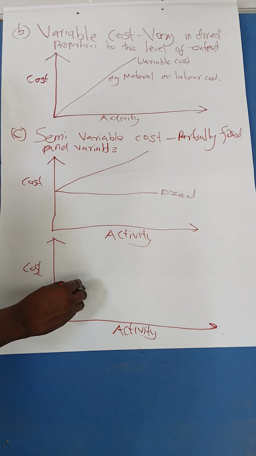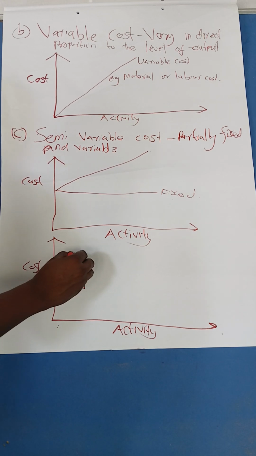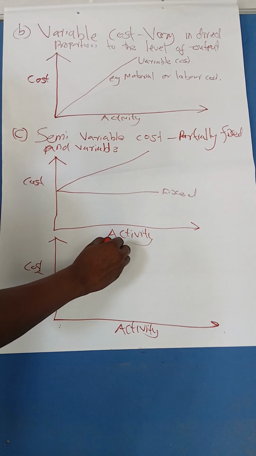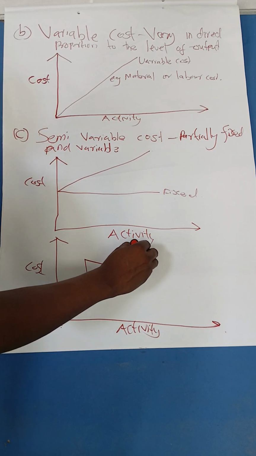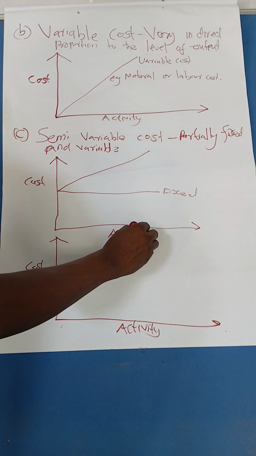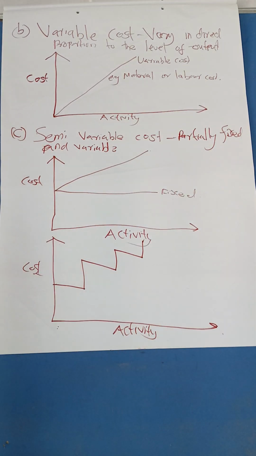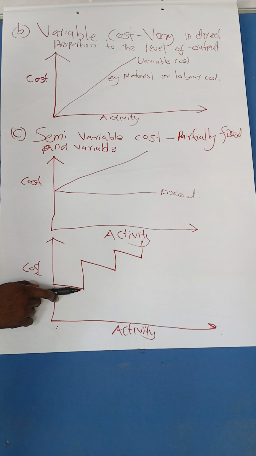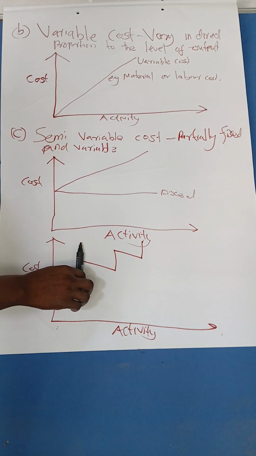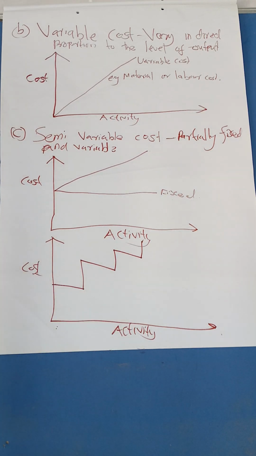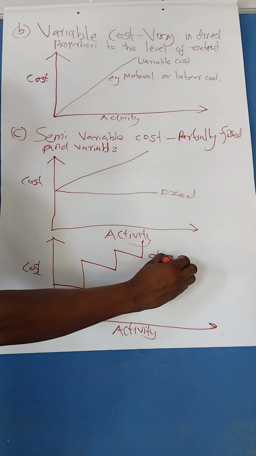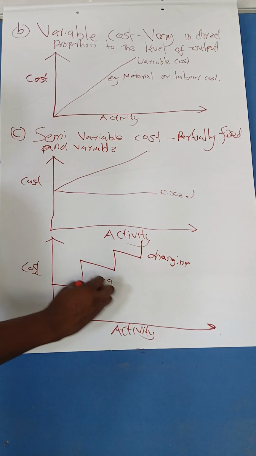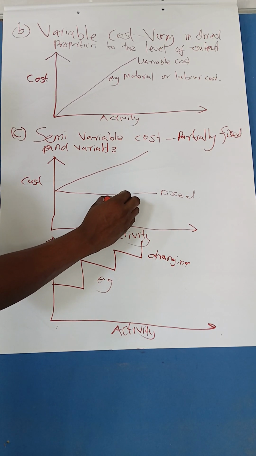Maybe rent today is 1,000, tomorrow 2,000, next 3,000, then 4,000, 4,500, and it goes to 6,000. So it is fixed, it is variable, and it will keep changing.